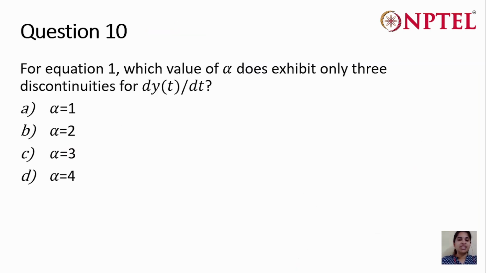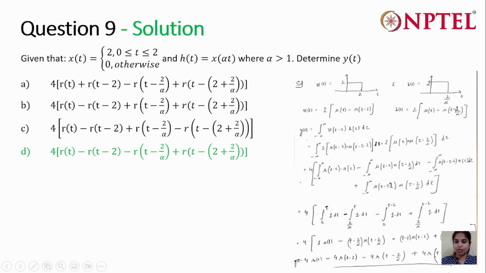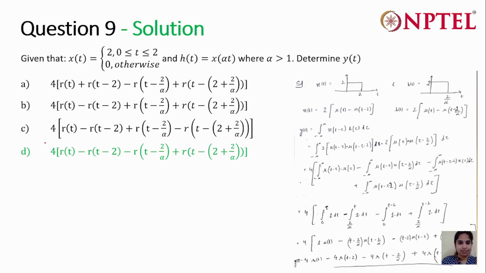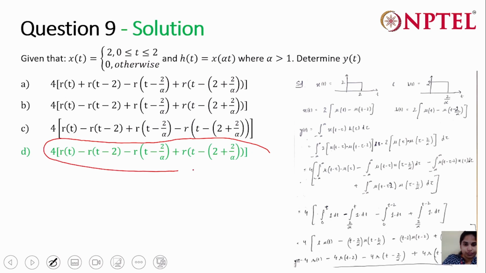Now for equation 1, which value of alpha exhibits only 3 discontinuities for dy of t by dt? That is, we have found what y of t is, right? So y of t is this. If I find dy by dt, if I differentiate this, how many discontinuities?